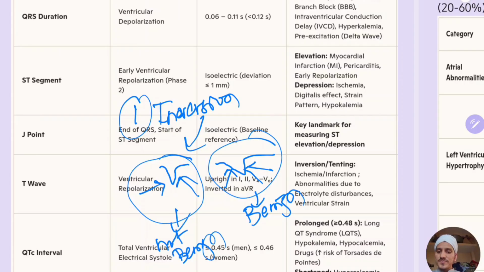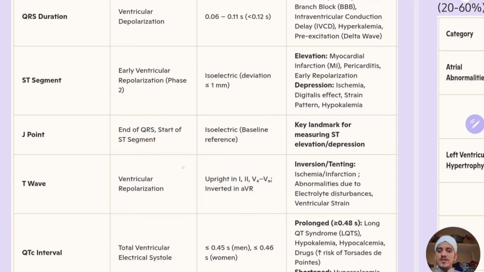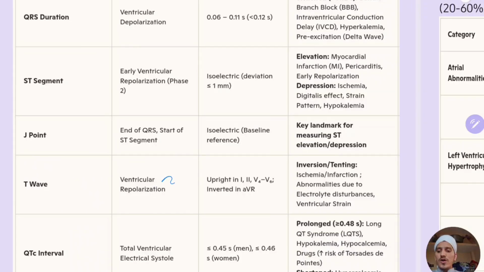Remember this point: symmetric T waves are not benign, but asymmetric T waves are benign. And tenting, what is that? We will have a broad base and a large, pointed T wave like this. This is tenting. You will see it in hyperacute myocardial infarction.